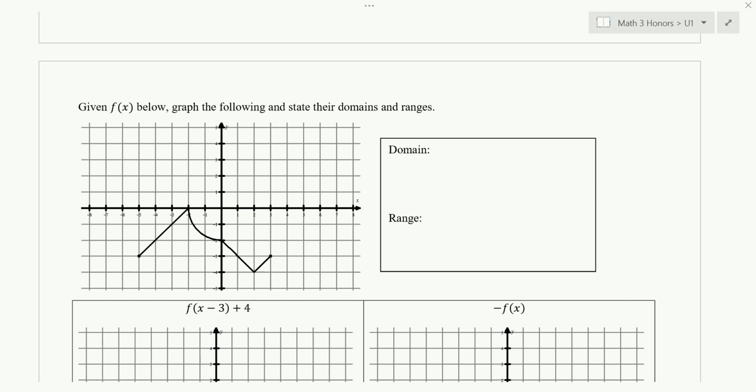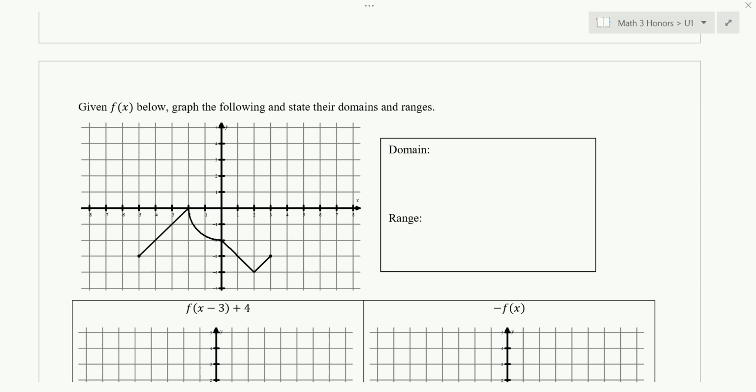We've seen that. We've written it before in two different forms. Why don't you take a minute, write down what you think the domain and range of this function are. You can't see the numbers?